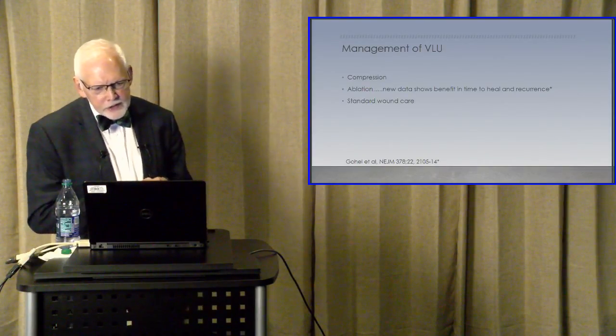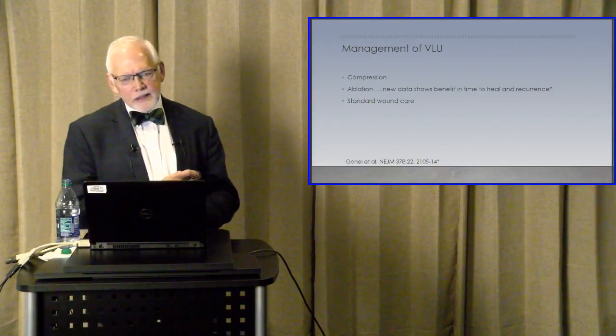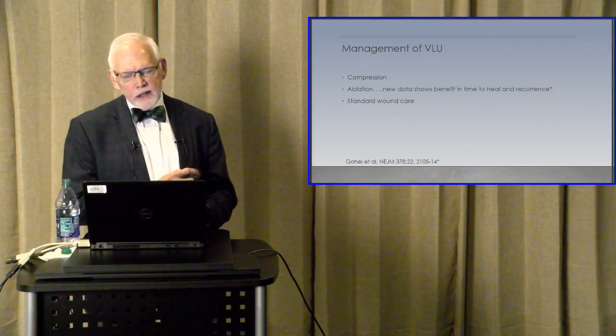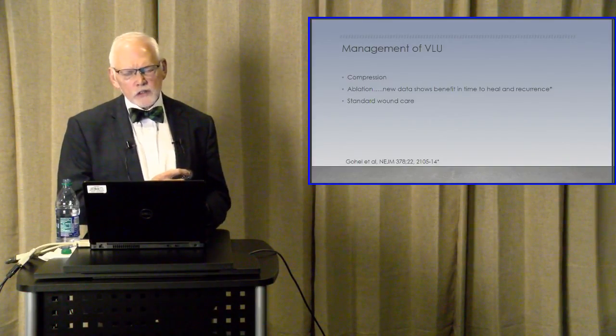So how do we manage venous leg ulcers? The main thing that we do, the main thing we have to offer is compression, meaning we use compressive bandages. There are all sorts of different ones of these.